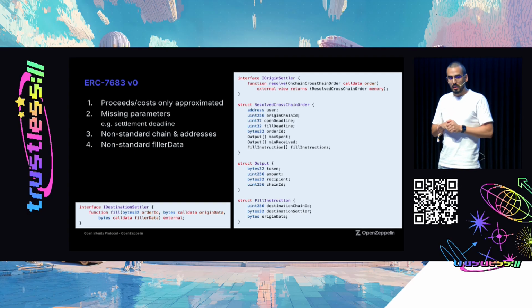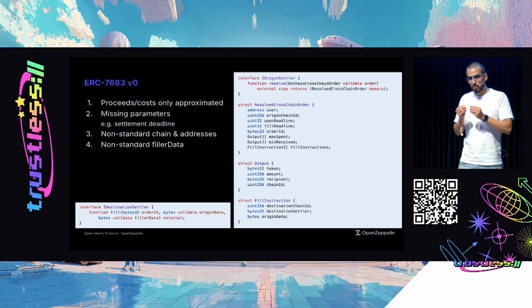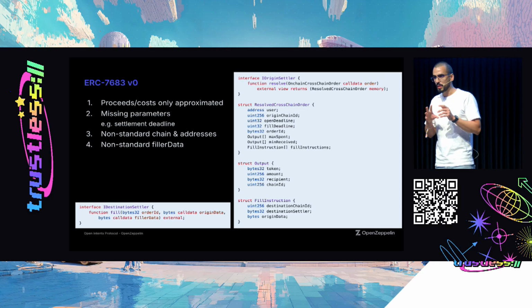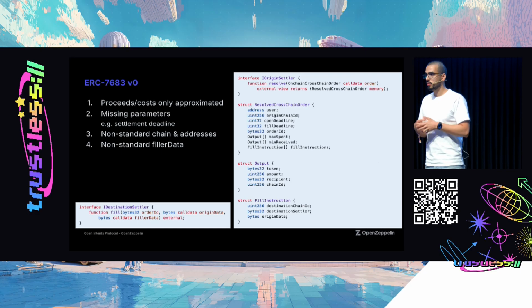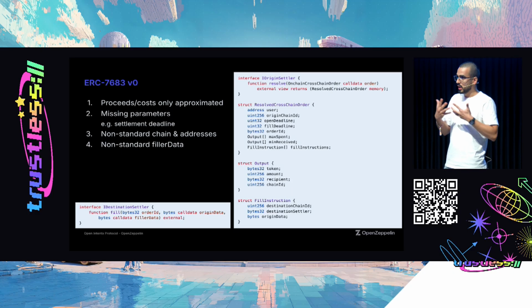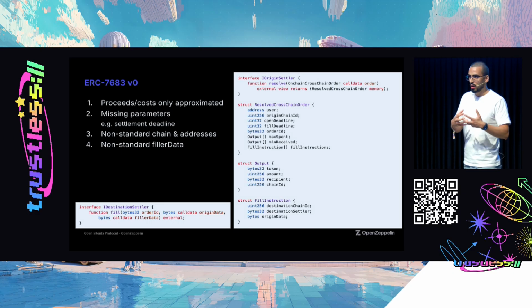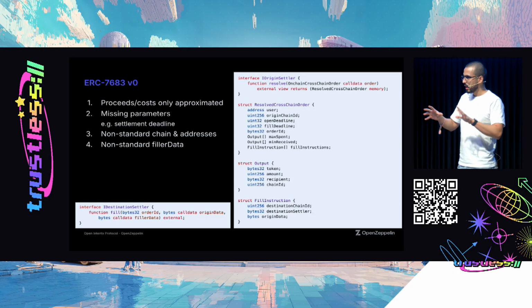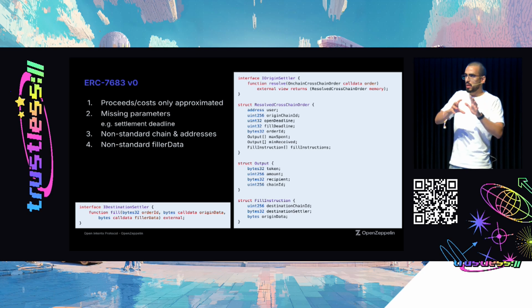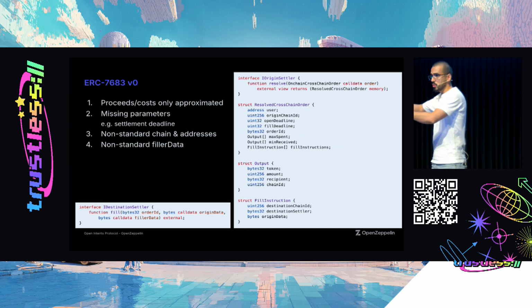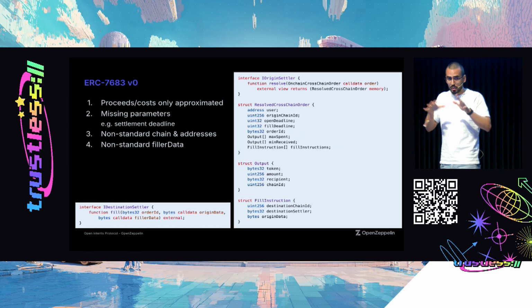And I want to stop here and point out why it's very important to give all of these parameters. These orders, which the user signs and the filler receives, are really the coordination mechanism where they are agreeing to very important parameters, and the funds of one will be locked in one place, and the other one will be sending funds to some other place and hoping that everything resolves.